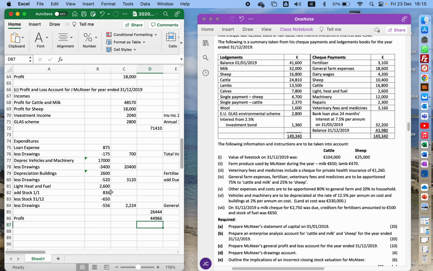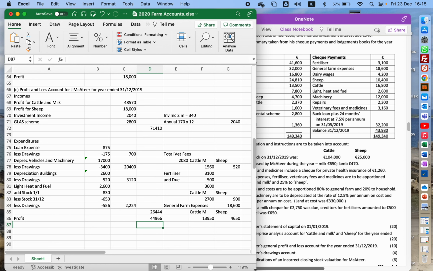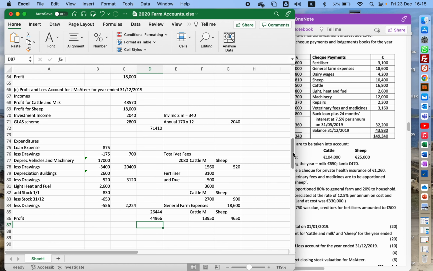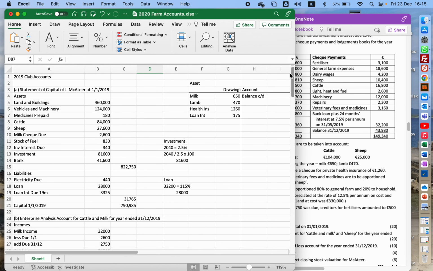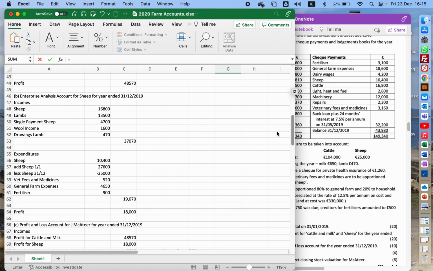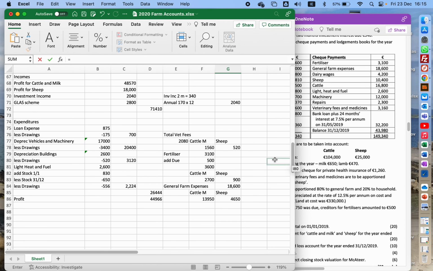Okay, so the figures that I've got for drawings, I'm going to need to add them into my drawings account way up here. So depreciation. So depreciation of machinery was 3.4.